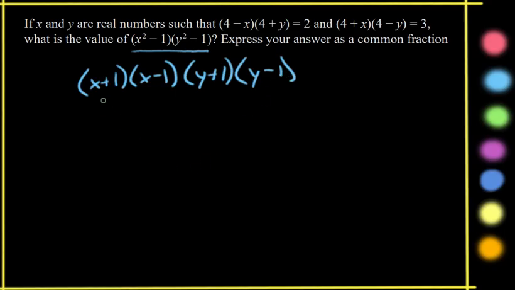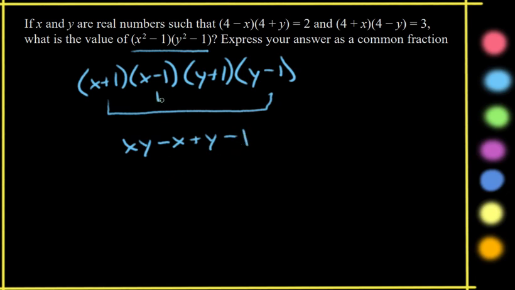And we can combine some of these opposite terms, for example a plus and a minus. So if we do this times this, we get xy minus x plus y minus 1.